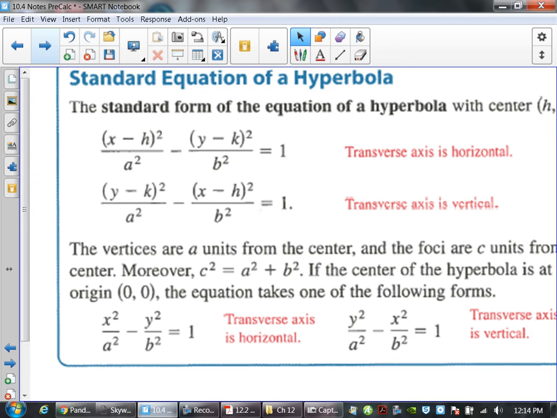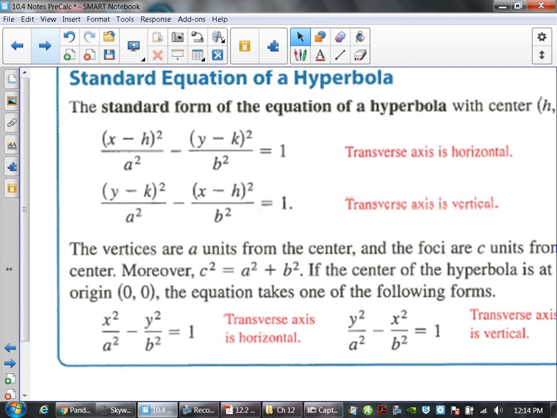The h and k again is your center. A is always going to be the distance from center to vertex. This b value is always the center to what we call that co-vertex, even though it's not called that in hyperbola.